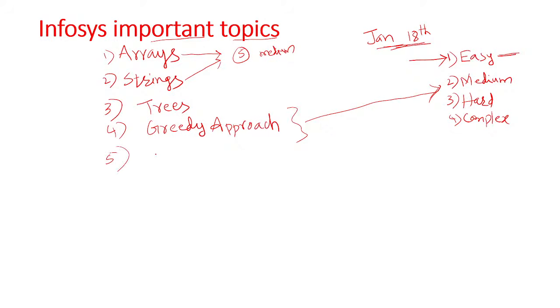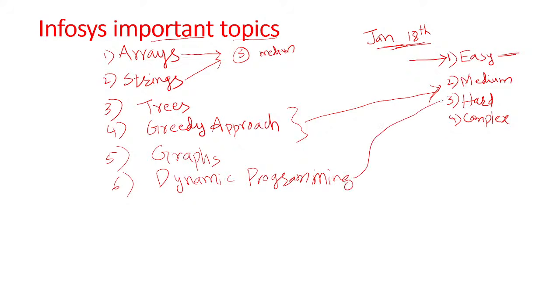Then the next one is graphs, then dynamic programming. Dynamic programming questions are generally asked at hard level, and complex type problems will mainly be based on graphs.